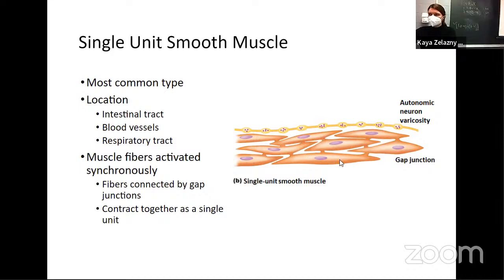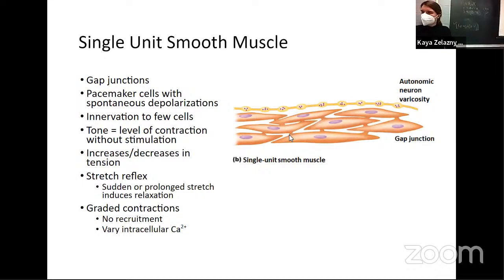That's how the neurotransmitters and signals are going to spread throughout the single unit smooth muscle. This is going to happen in the intestinal tract, in blood vessels, the respiratory tract. These muscle fibers are activated synchronously, so they're moving together as one unit. They don't each have their own nerve.